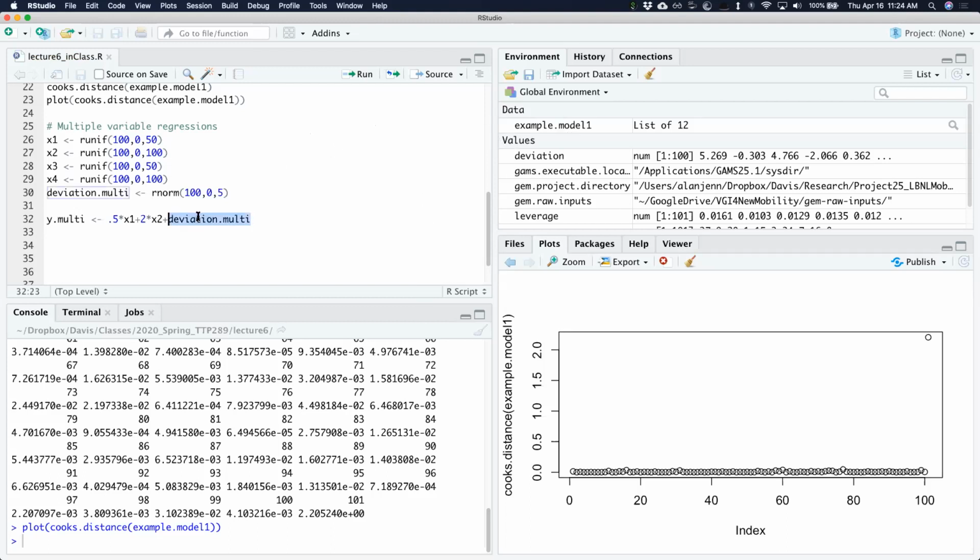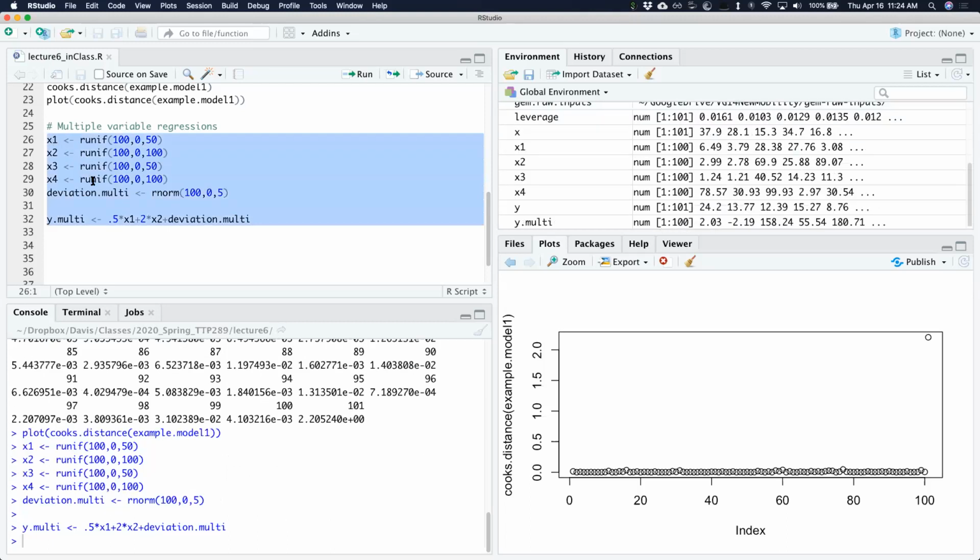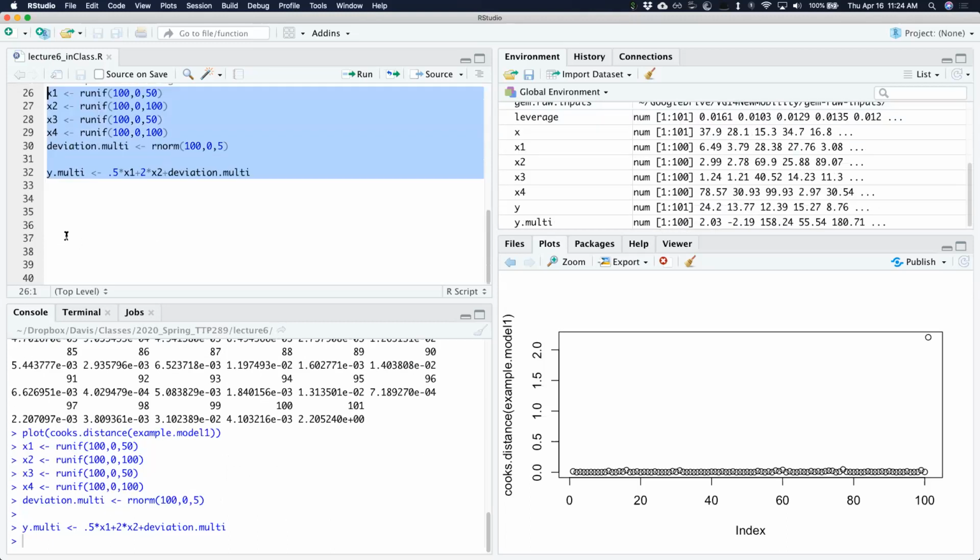So that's what this line is describing. Let's go ahead, run that, and we're going to plot this.